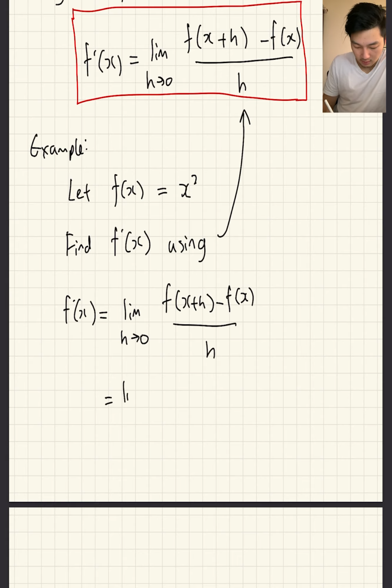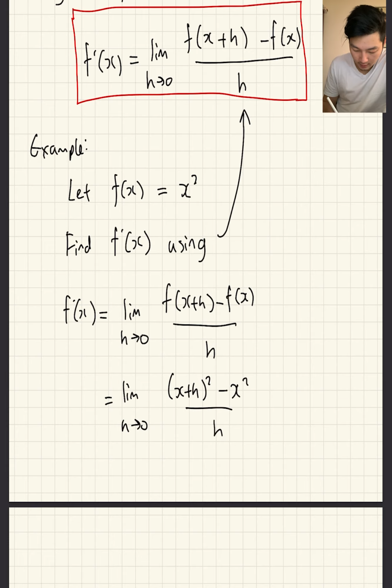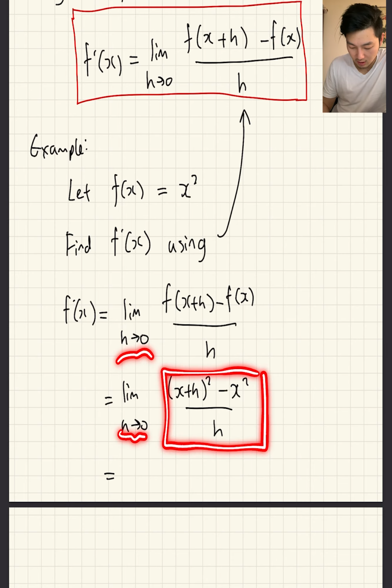That's equal to the limit as h approaches 0, and f of x plus h means we simply substitute this x plus h into x squared. So x plus h all squared minus x squared on h. We have to remember to write the limit in front of each of these because we haven't evaluated this limit yet.